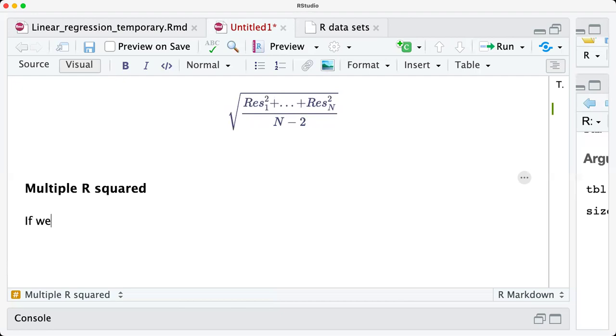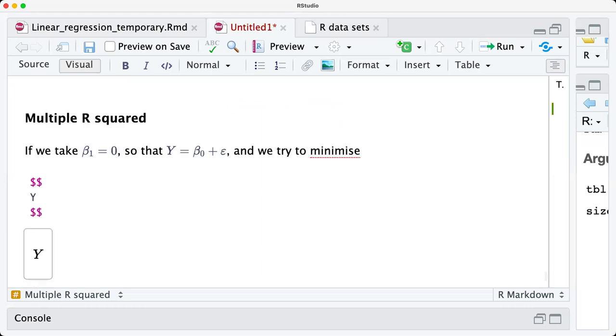So if we take beta 1 equal to 0 and try to minimize, then y is equal to beta 0 plus an error, and we do the same procedure and try to minimize the sum of the residuals.